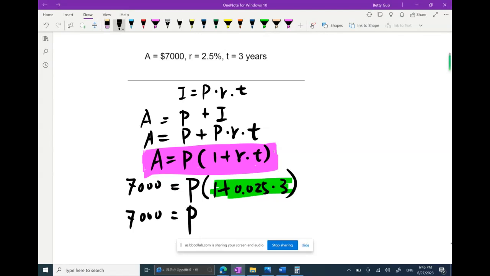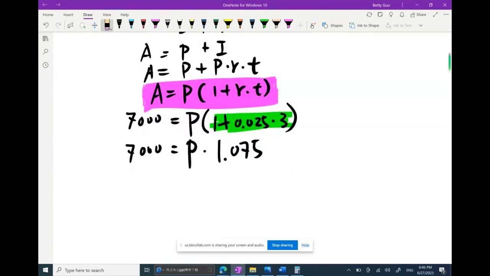So plus 1, that is 1.075. By convention we write the number in front of the variable: 1.075P. This number is the coefficient of P.